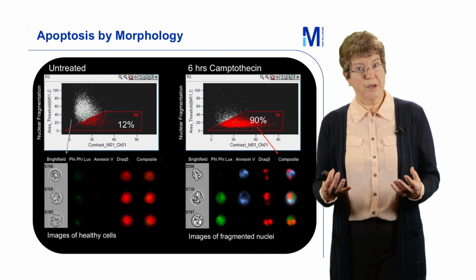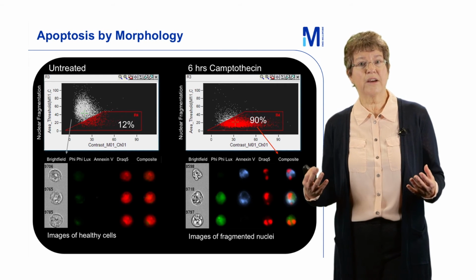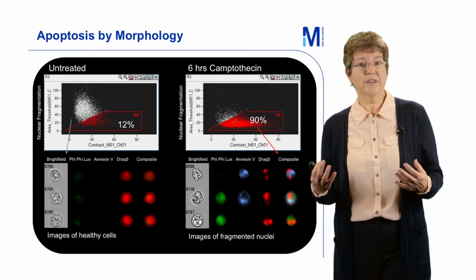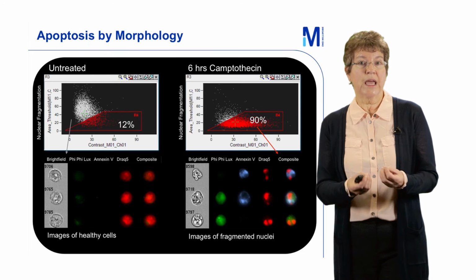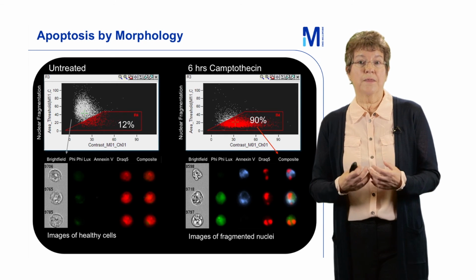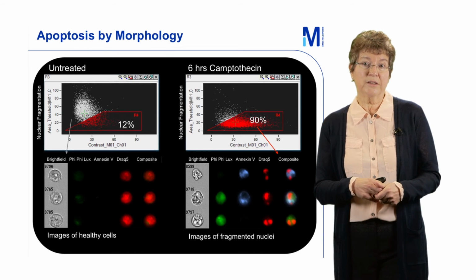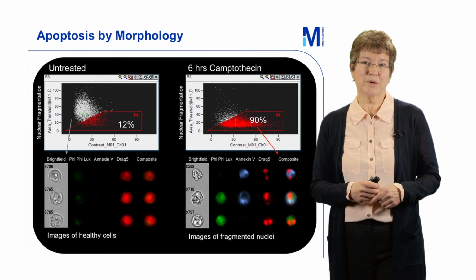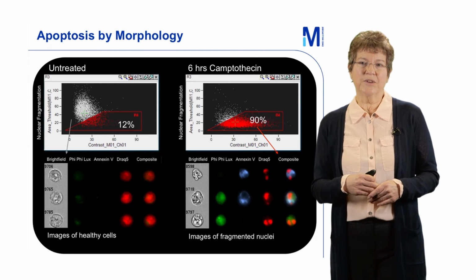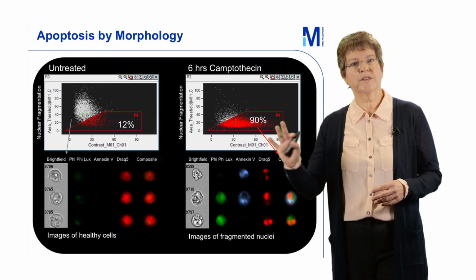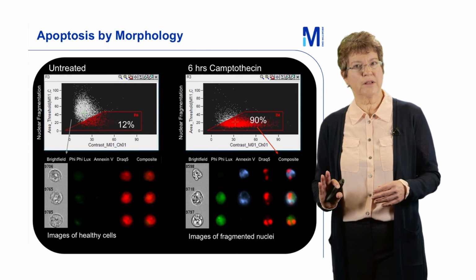The way we measure apoptosis on the ImageStream or the flow cyte is generally looking at the area of the nucleus. When the area of the nucleus is small, that means the DNA has fragmented. We also can measure the contrast in bright field. The cells on the left here are from the white dots in the upper left of the left graph, which is an untreated sample. You can see that the nucleus is very large, there's an even staining of that DRAC5, and the bright field contrast looks very low.